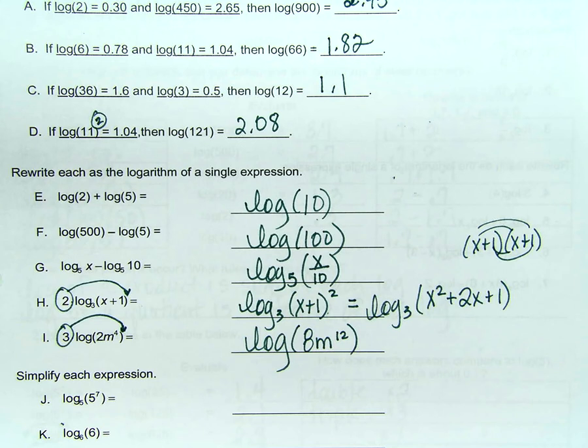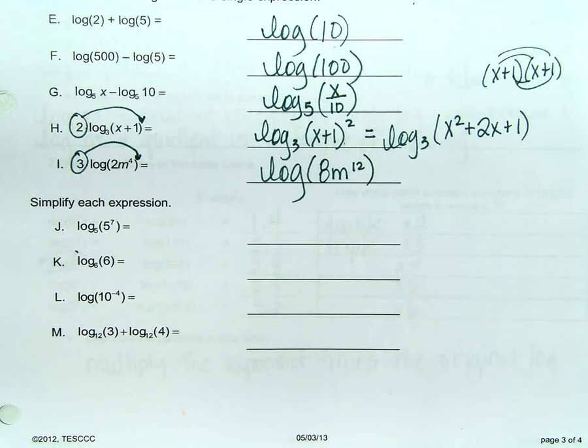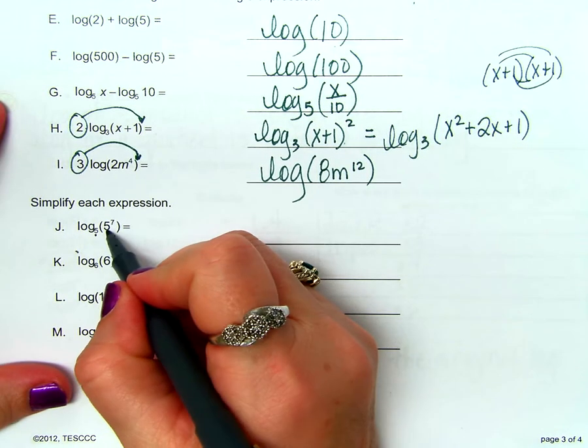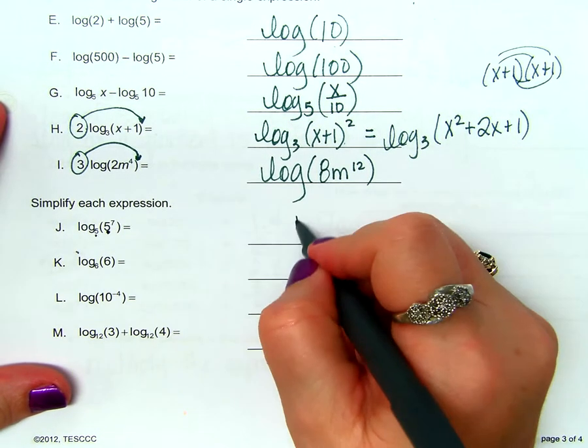Oh my gosh. Okay, simplify each expression. These are using some of our special rules. You shouldn't care what 5 to the 7th is. Because if the base and the argument are the same, what's the answer? 7.